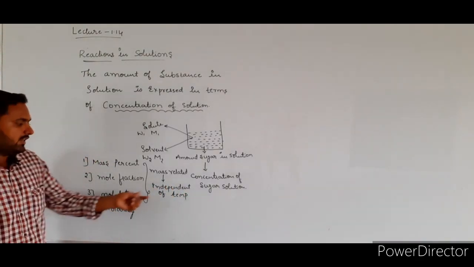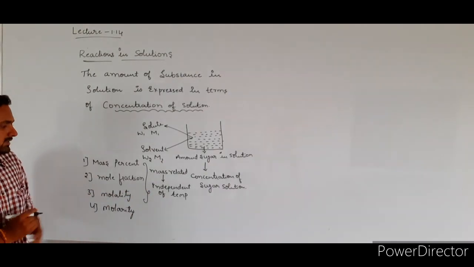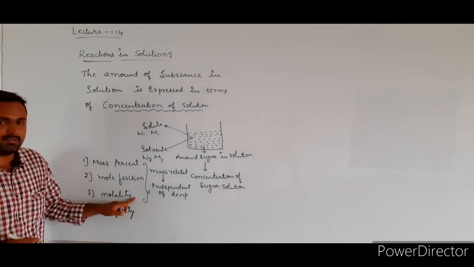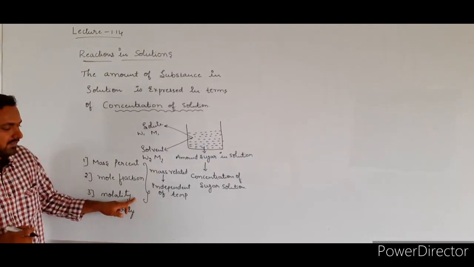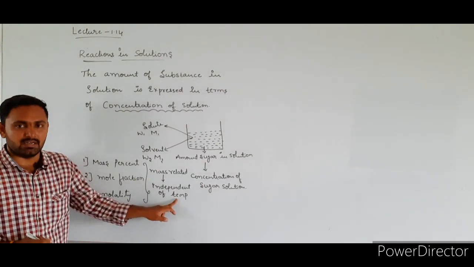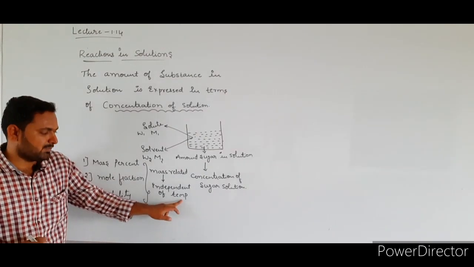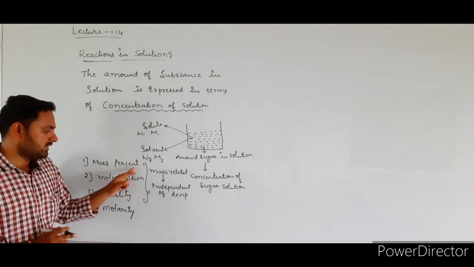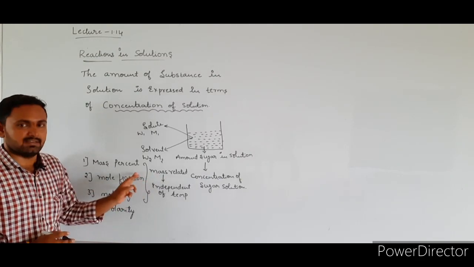What is the meaning of independent of temperature? It means the mass percent, mole fraction and molality of a solution do not change with change in temperature. Why? Because these are all mass related methods.